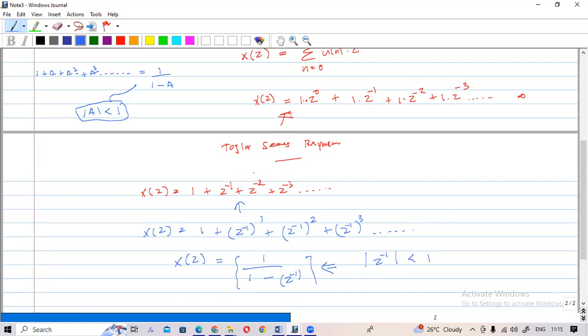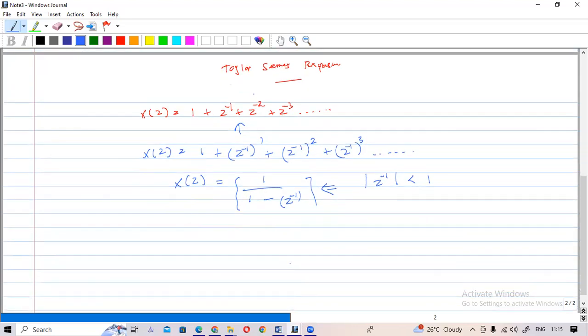If z is not in this range, this solution will not be valid. It will have an infinite value, okay. So this X(z) is valid only if this condition is satisfied.